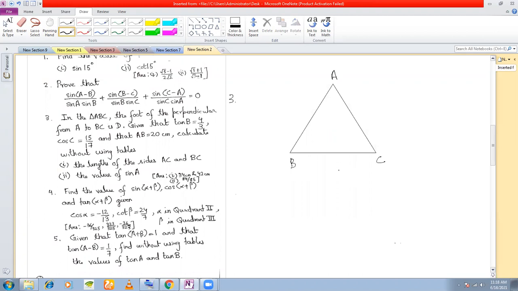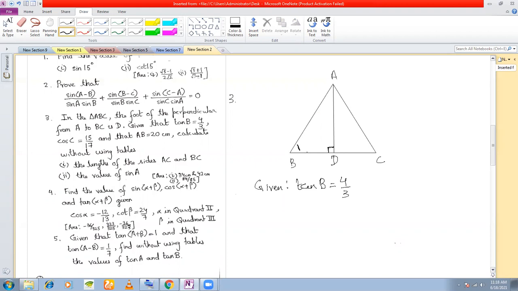The foot of the perpendicular from A to BC is D. That means from A to BC, if you drop a perpendicular, an altitude, the foot of the perpendicular is D. Given that tan B is 4/3, that means tan of this angle is given to you.